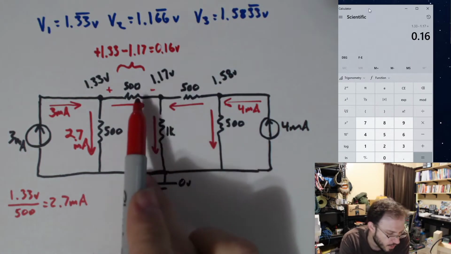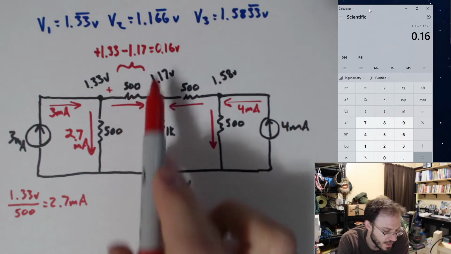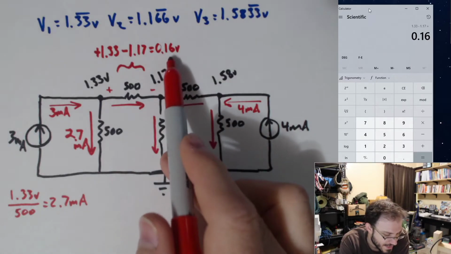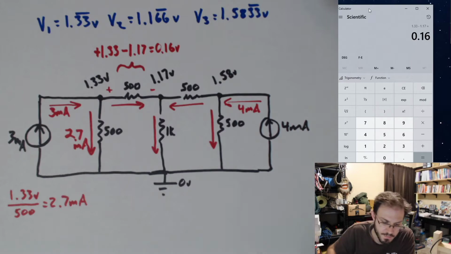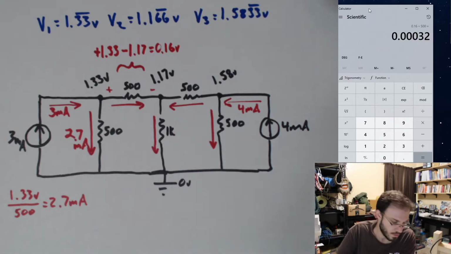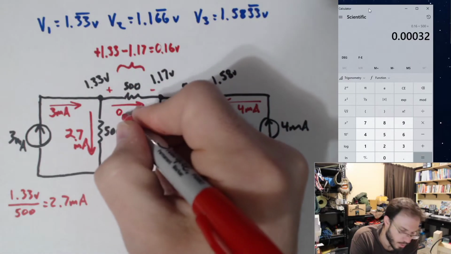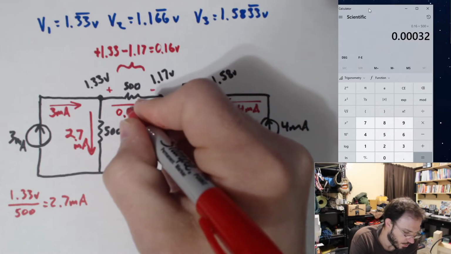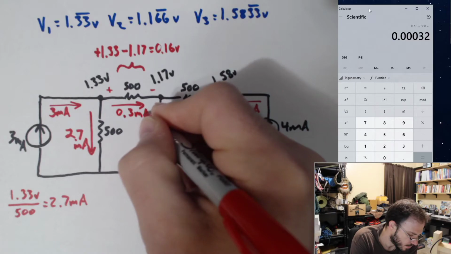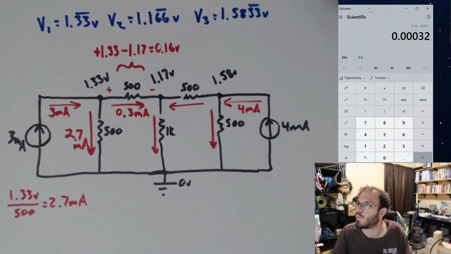So my voltage drop across this 500 is just 0.16 volts. Now 0.16 divided by 500 gives me my current, 0.3 milliamps. I'll just go ahead and round that out.